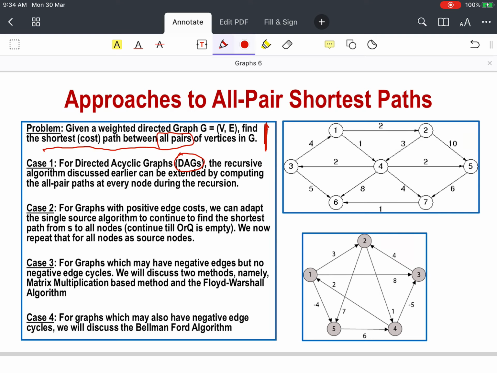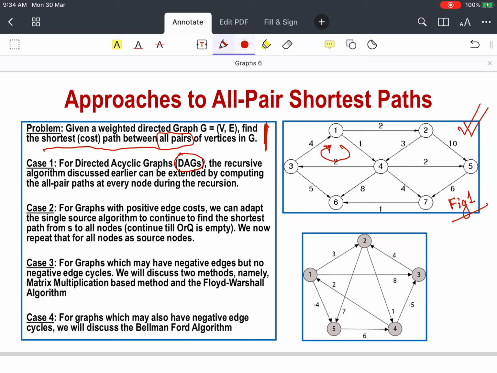The second is for graphs with positive edge costs. Like this graph in this figure. In this figure 1, you notice that there are cycles in the graph like this, but all edge costs are positive.